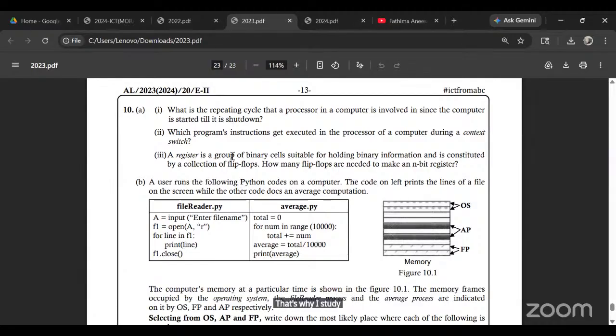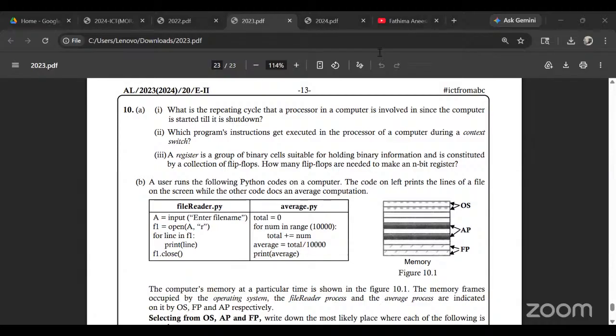Okay, the theories. The second one: which program's instruction gets executed in the processor of a computer during a context switch? Which program's instruction would get executed when context switching is happening? The instructions of the what?